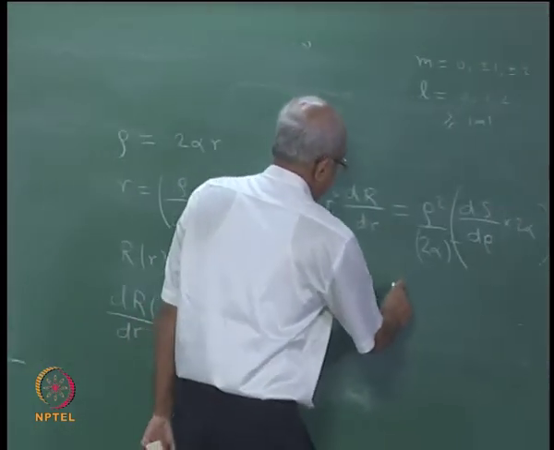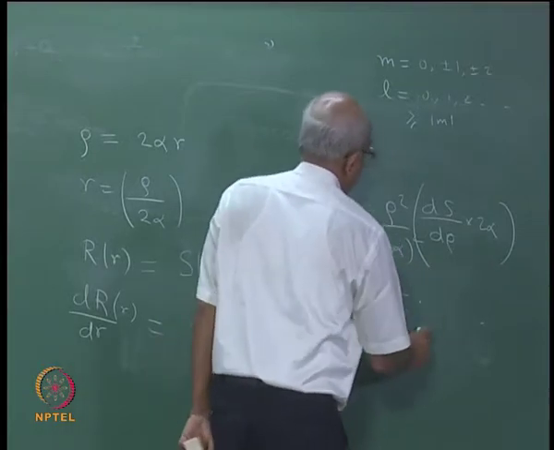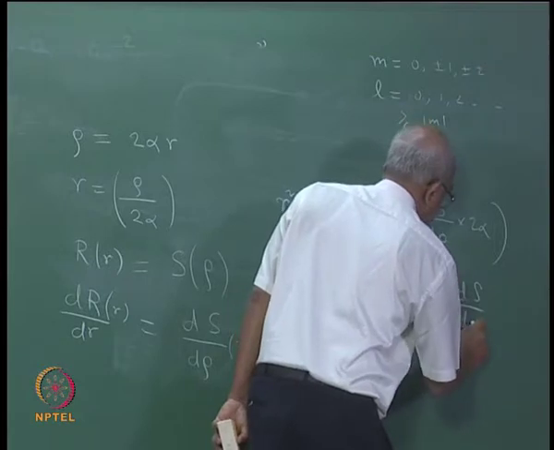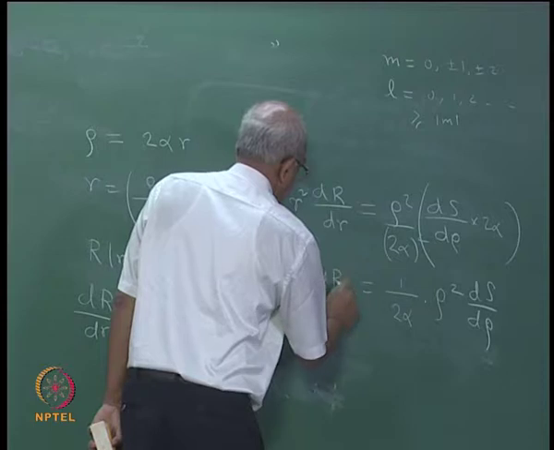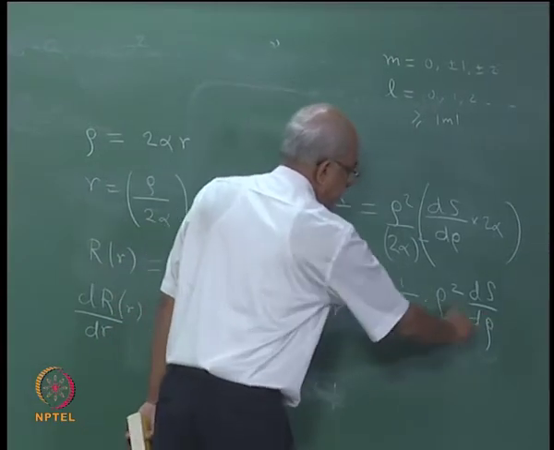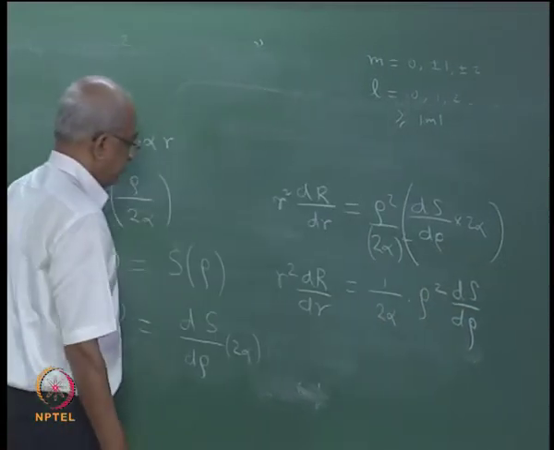So, this will be actually equal to 1 by 2 alpha rho square dS by d rho. So, you can find a relationship between r square dR by d small r and rho square dS by d rho, and that is the relationship.